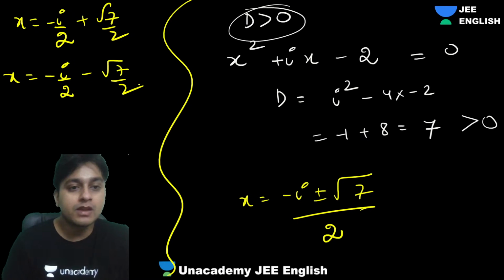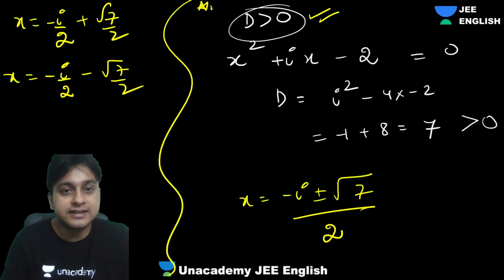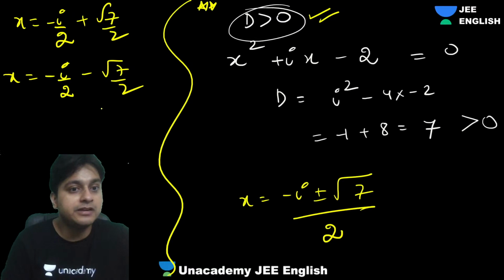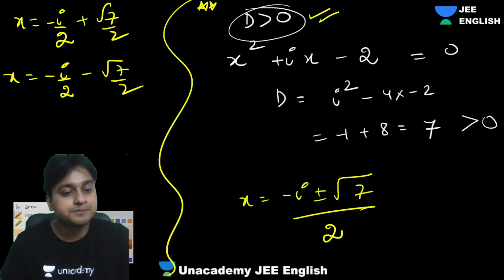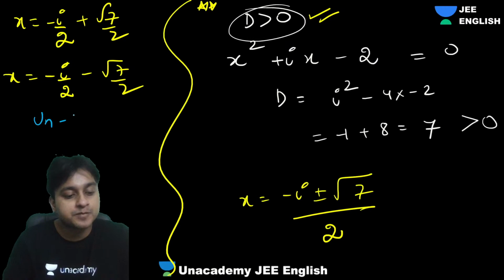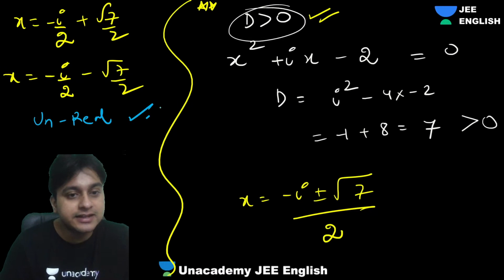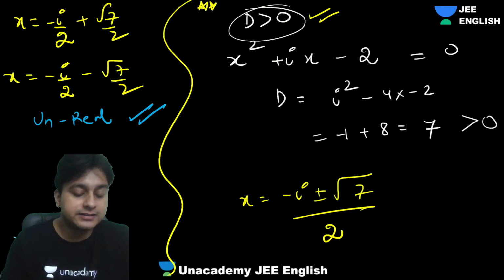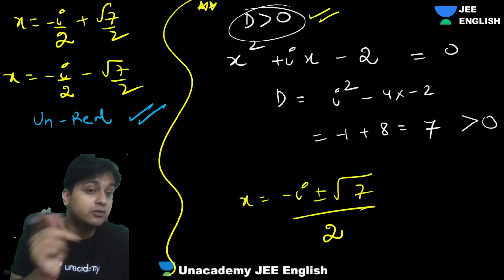Yes. So guys, see here, what is the impactful thing which I have discussed here? Discriminant is greater than 0, but still we are getting non-real roots. Unreal roots. So what I'm trying to say here is that it is possible that the discriminant is greater than 0, but the roots are unreal.